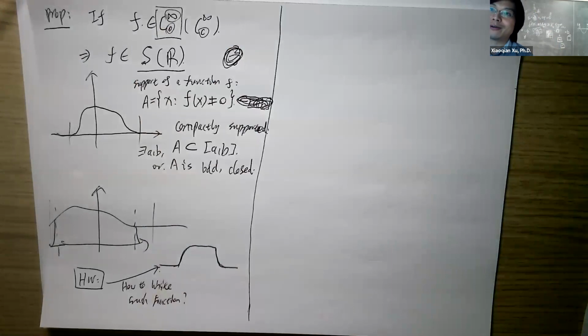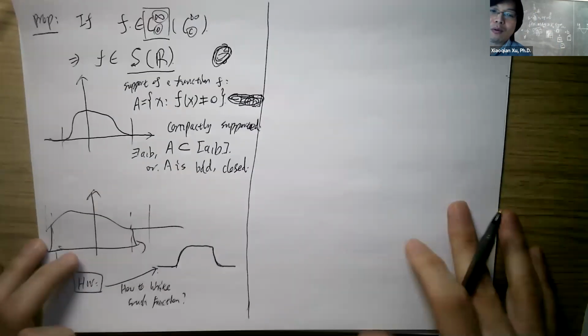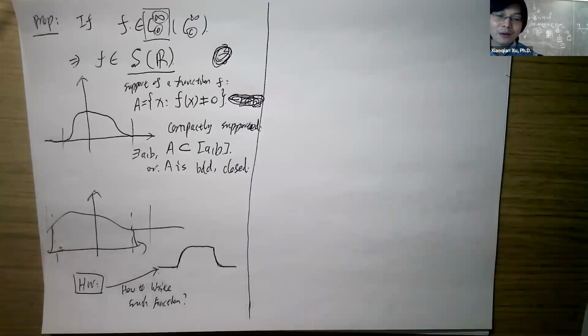There are a lot of very interesting functions in this space. Although when we write them down, it will be really complicated, we're still interested in this family of functions. So let's find more properties and see what we can do on this space with our Fourier transform.